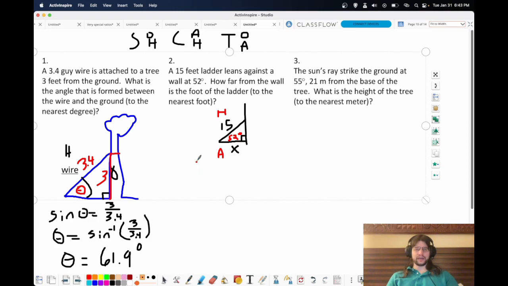Write down what you got. Cosine of my angle, in this case, we know the number, it's 52, is equal to adjacent over hypotenuse. All right, what are we looking for? We're looking for a side. Take this, type it as you see it, shift, calc, equals. Let's do it.